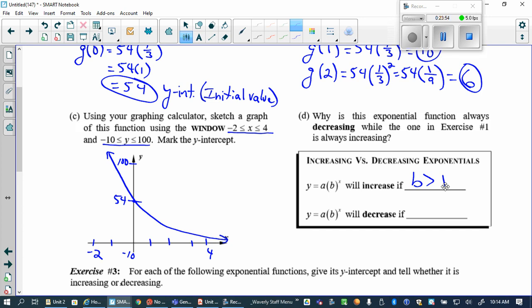So it'll decrease, let's write it this way, 0 less than b less than 1. But why didn't I include any equal to signs there for the 0 or the 1? We already know 1, right? Because if the thing you're multiplying by is 1, does anything get bigger or smaller? No. Why not an equal to on the 0?